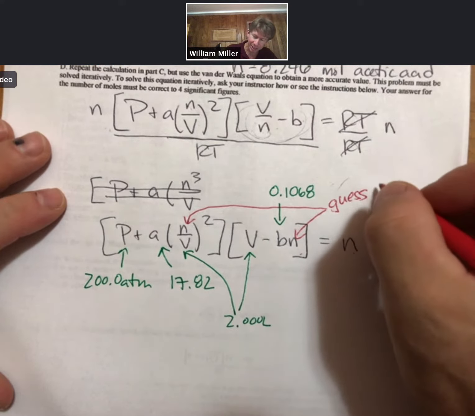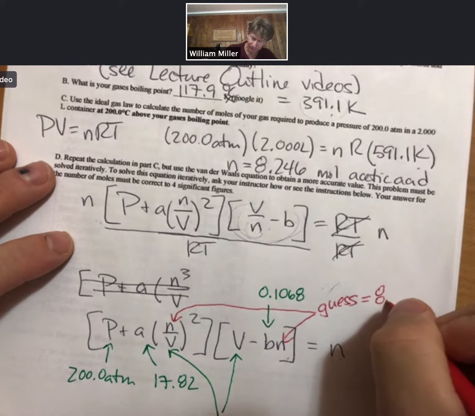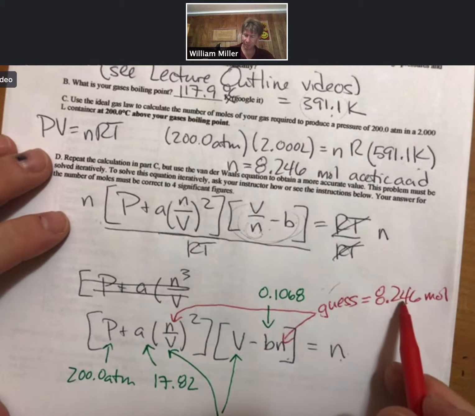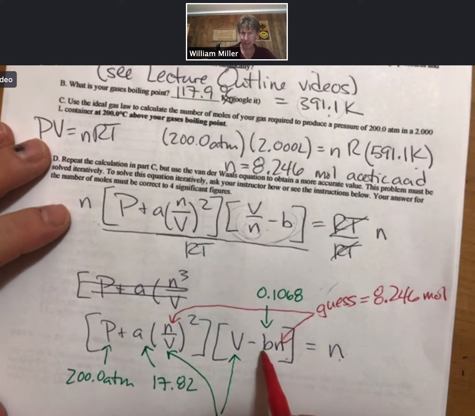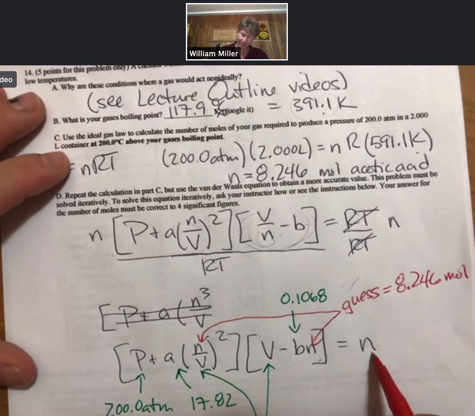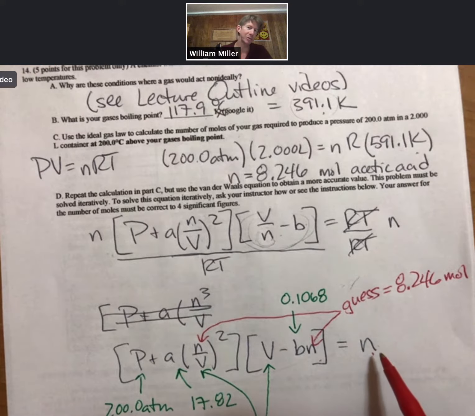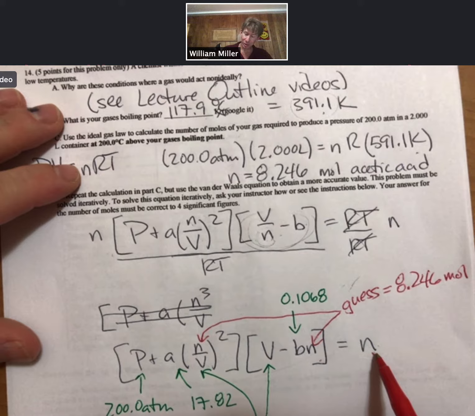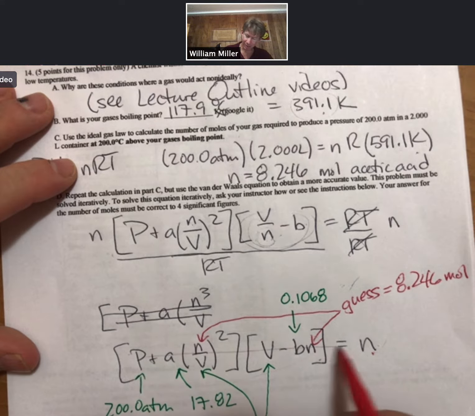Our initial guess is based on the ideal gas law, so we'll put in 8.246. Then we solve for n, and instead of 8.246, we will get a number like 9.543, whatever it is. That is our new guess, which we then put back in, solve everything, and get a new number.